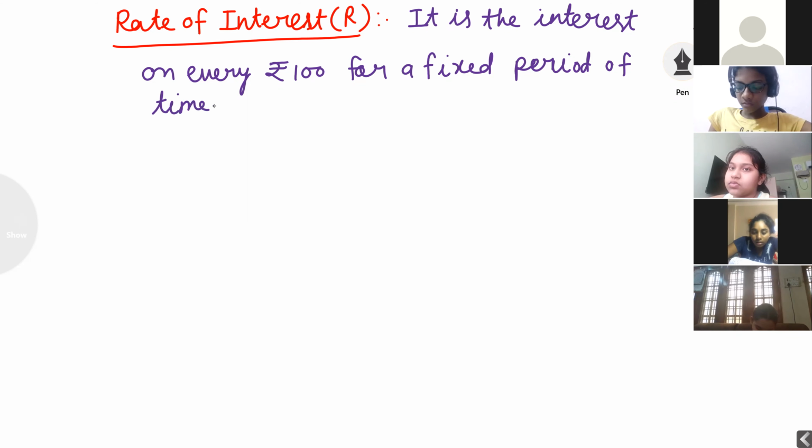What is rate of interest? It is the interest on every 100 rupees for a fixed period of time. Note down example.